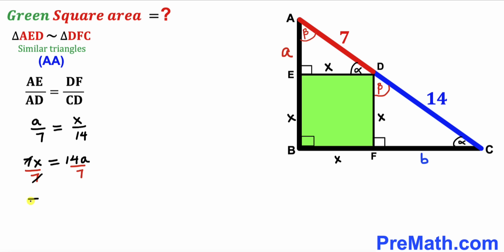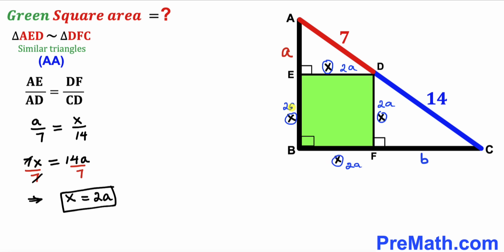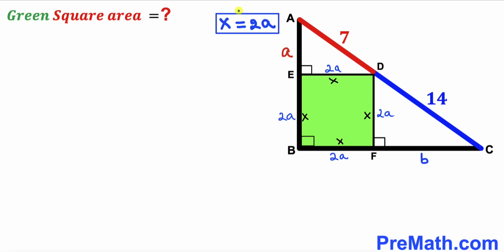So our x value simply turns out to be 2 times a. So I'm going to replace x with 2 times a; likewise, this is 2a, this is 2a, and over here 2a across the board. Thus we can write x equals 2a.